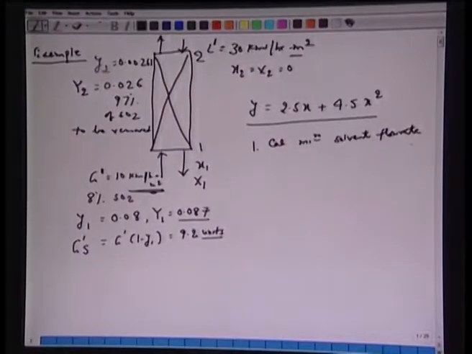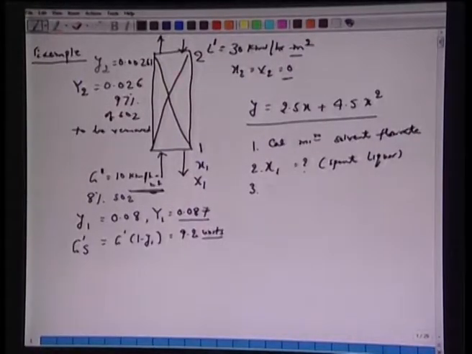So, we calculate the minimum solvent flow rate, that is one. Second, what is the concentration at the exit of the spent liquor? This is X1. This is level 1, and X2 is 0, pure solvent.